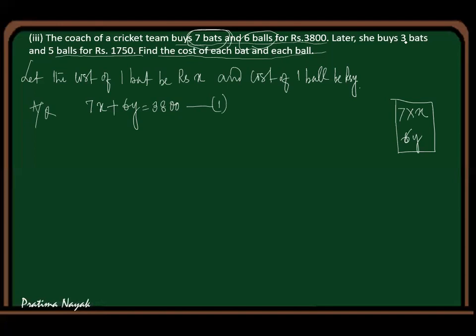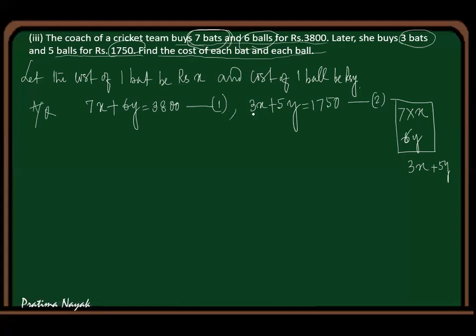Similarly, again he is buying 3 bats. So it will be 3x. Then your 5 balls, it will be 5y. How much it will be? 1750. So second equation is 3x plus 5y is equal to 1750, equation 2.